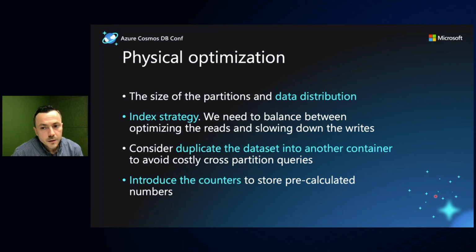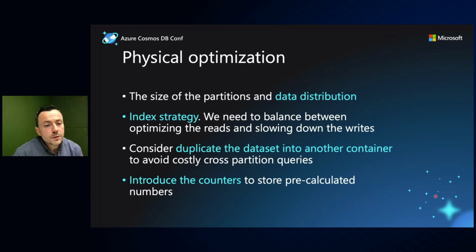The next important topic is index strategy. The default one is not always good for our design, and we always need to balance between putting in more indexes to optimize different read operations versus fewer indexes to optimize writes, right?